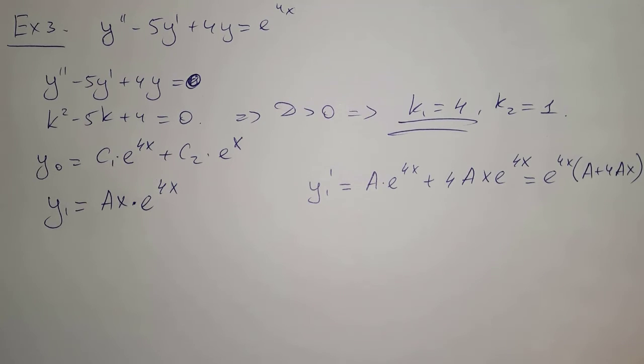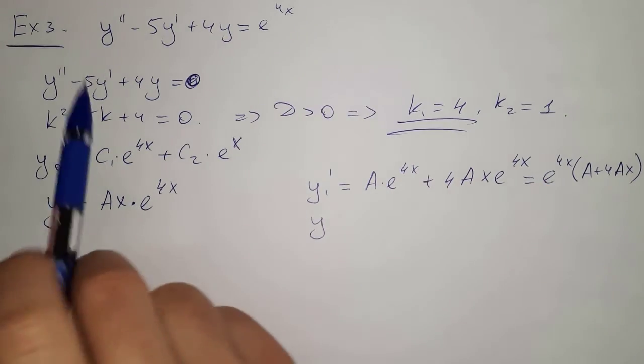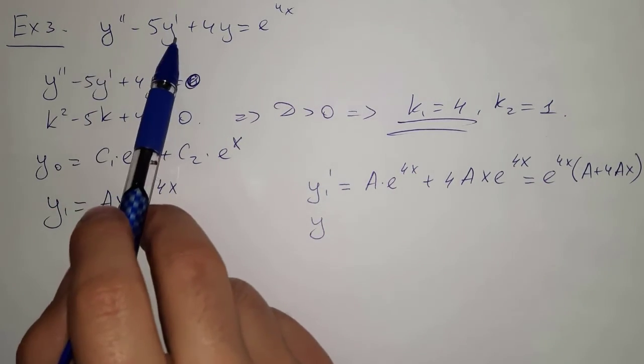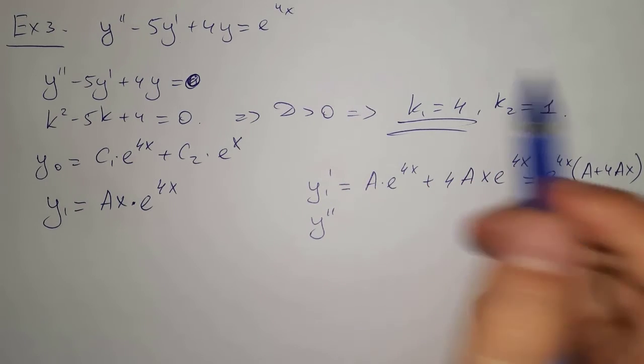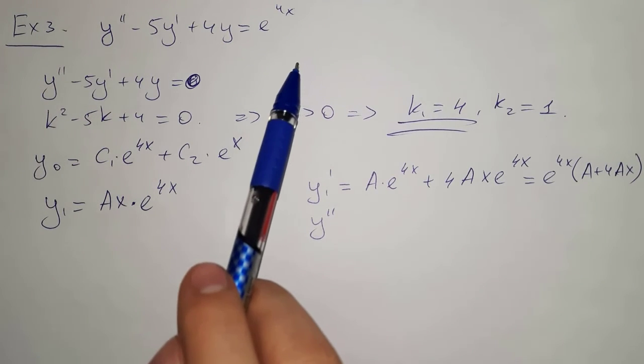So this is y1 prime. And now let's find the second derivative, because we need the first and second order. So why do we need to find a particular solution? We need to put this particular solution into our given differential equation.